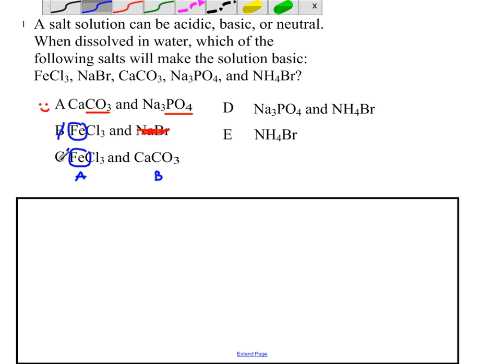So we can cross those answers off. Sodium phosphate, the phosphate produces a basic solution, just like we want. But bromide doesn't affect the pH. And ammonium is the conjugate acid of ammonia, and it will make it acidic.